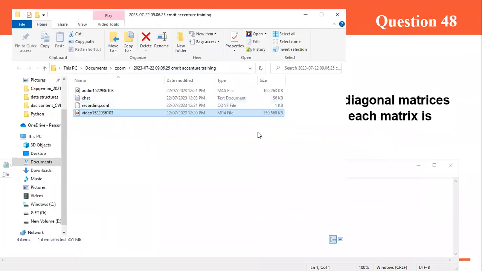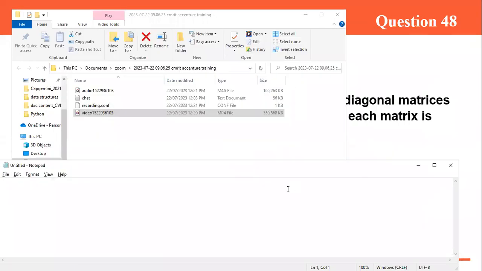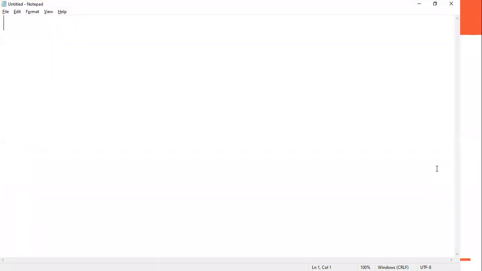For example, if I take a 3 by 3 matrix, what are the indexes? 0,0, 0,1, 0,2.